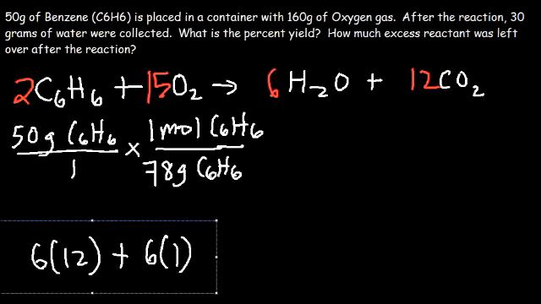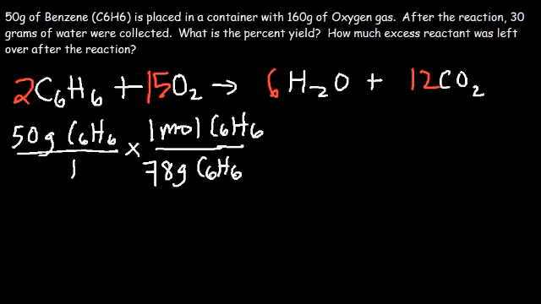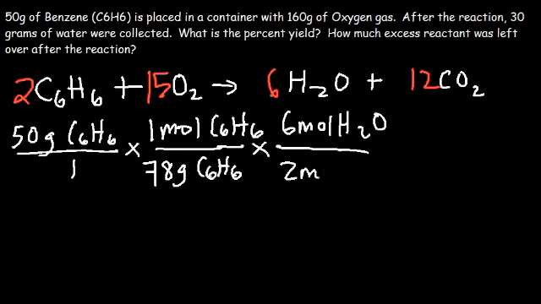Now our next step is to convert moles of benzene to moles of water using the molar ratio. The ratio is 2 to 6. So for every 6 moles of water that's produced in a reaction, 2 moles of benzene react. So grams of benzene cancel and moles of benzene cancel.